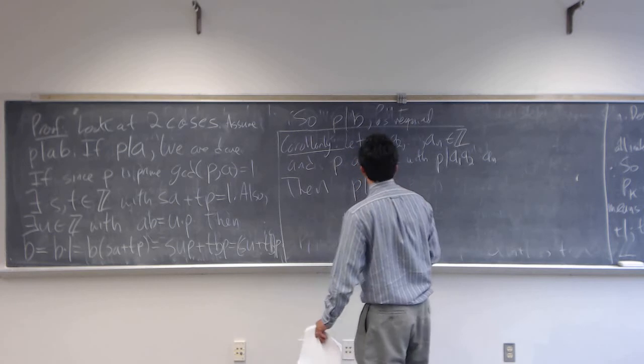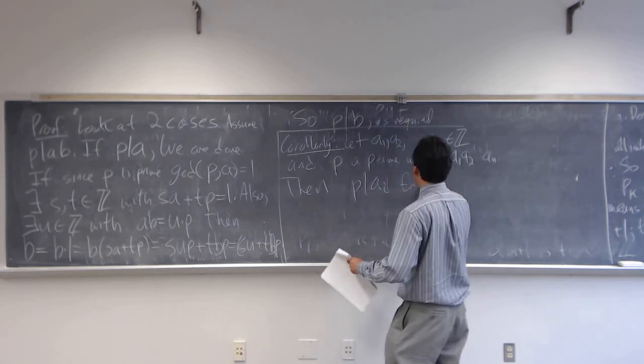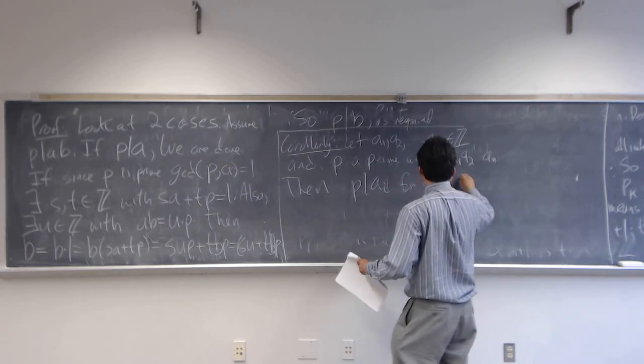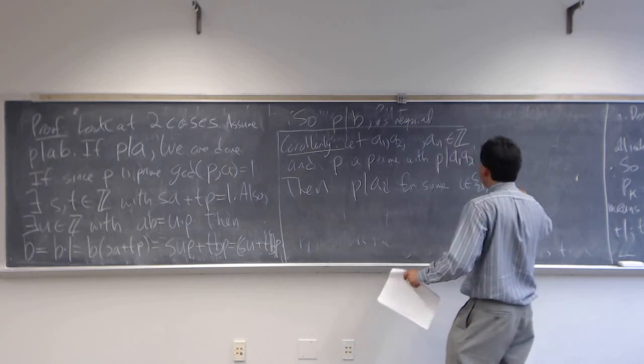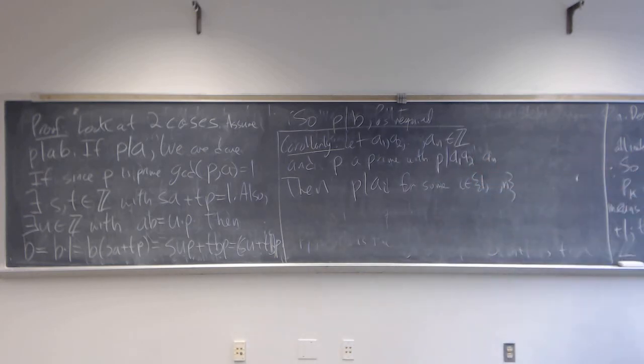Then P divides AI for some I. And I'm not going to run through the proof of that. It's in the notes. It's just a nice application of induction and applying Euclid's lemma.